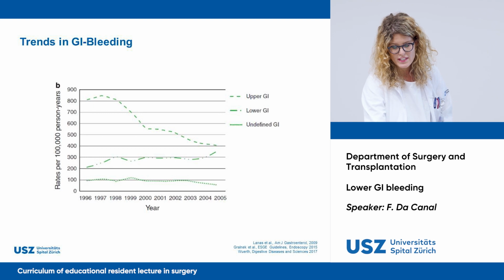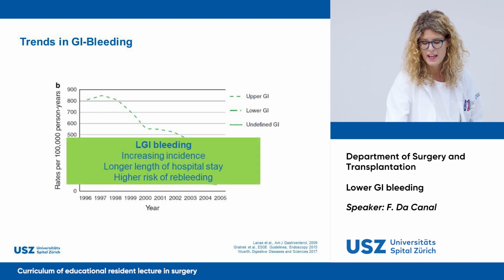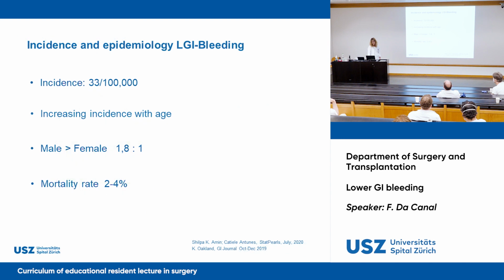Contemporary data suggests that patients with lower GI bleeding tend to have a longer length of hospital stay and may be at higher risk of death or rebleeding.